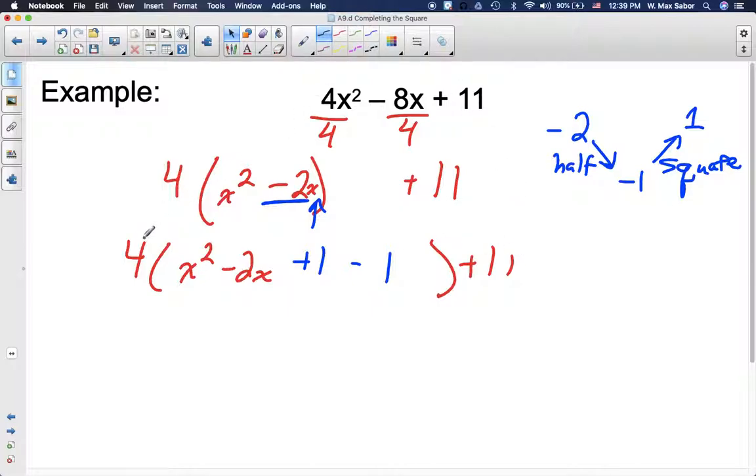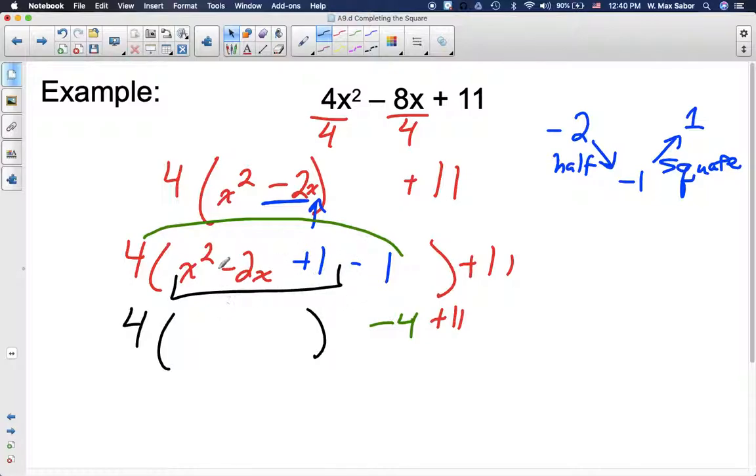Now, in order for this to work, this minus 1 isn't part of the perfect square, so we need to distribute the 4 into that, giving us negative 4, still plus 11. Now what's left over is the 4 and this piece.